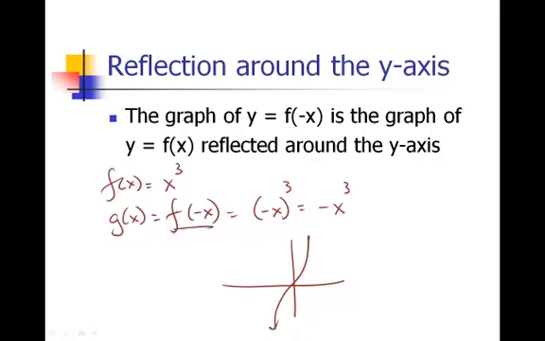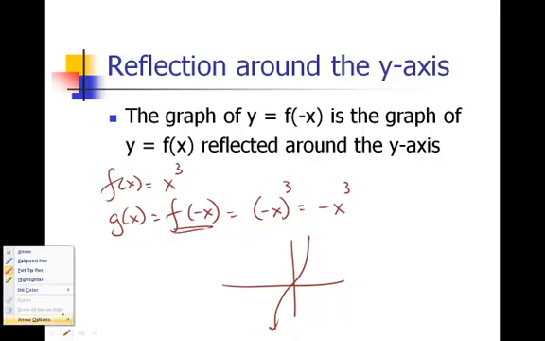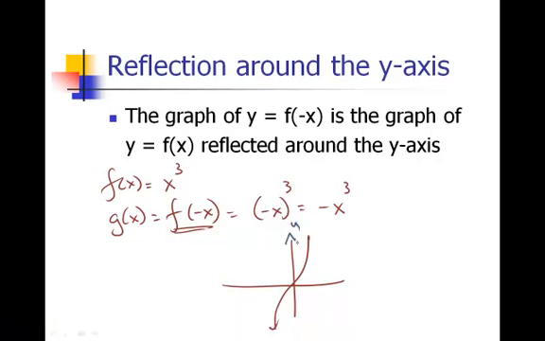If I take the reflection of that function, let me change ink colors, now my function rotating around the y-axis will look like this. So reflection around the y-axis, again, instead of putting the negative sign in front of the function or the y values, we're going to change the x values to negatives.